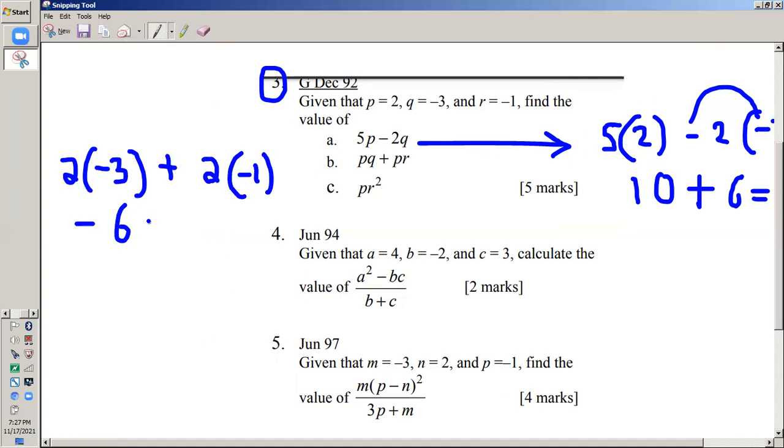That's also going to be a negative. 2 ones is 2, negative 2. So negative 6, negative 2, so that will be negative 8. All right, awesome. Correct.